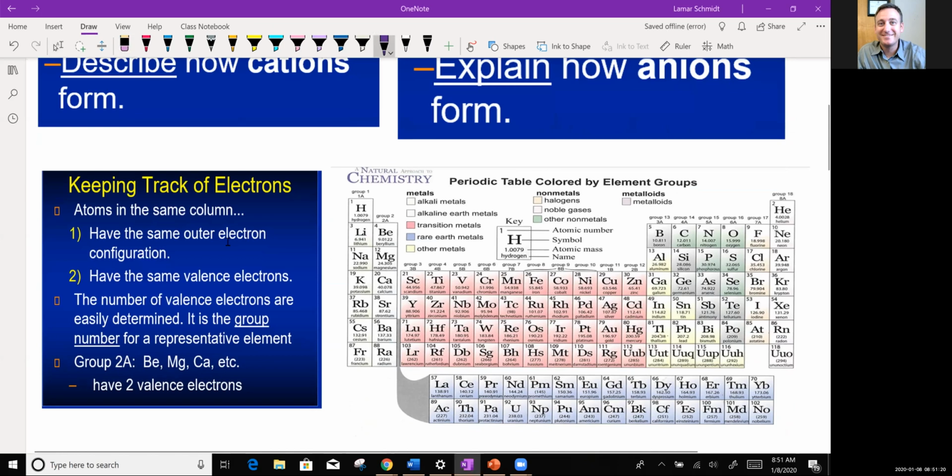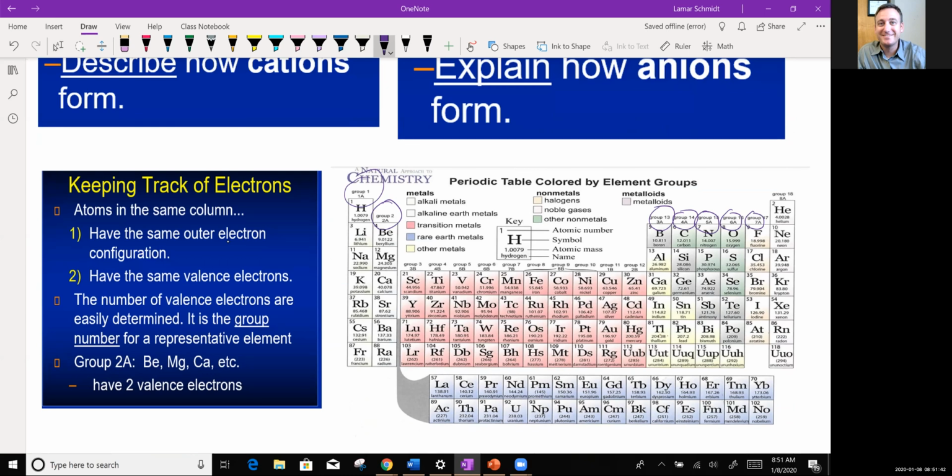I'm going over some of these things because some students were in Mr. Malden's class and maybe they missed these objectives. So we're going to cover this in a little more detail than some other students may need. Our representative elements are simply these groups, 1A, 2A, 3A, 4A, 5A, 6A, 7A.